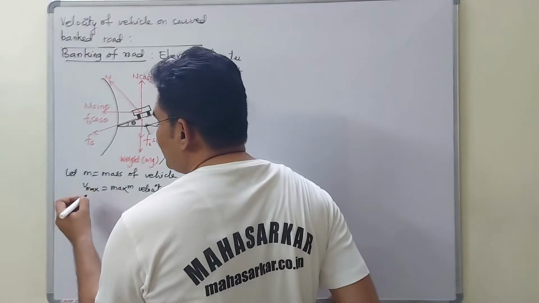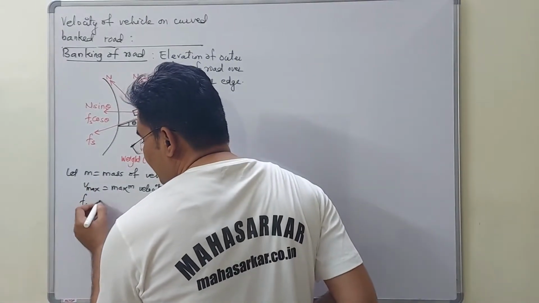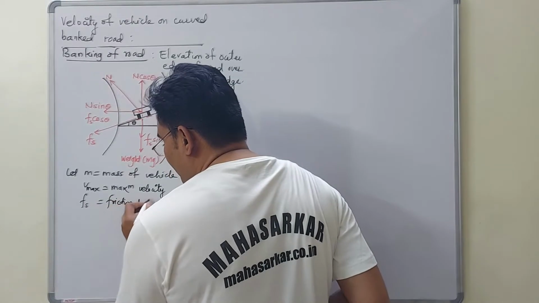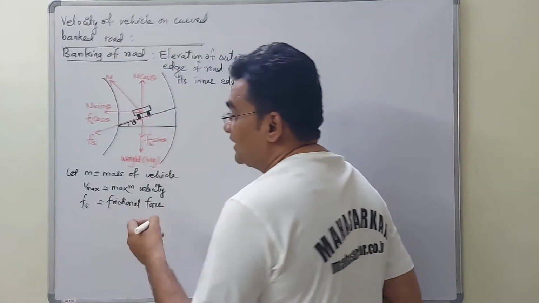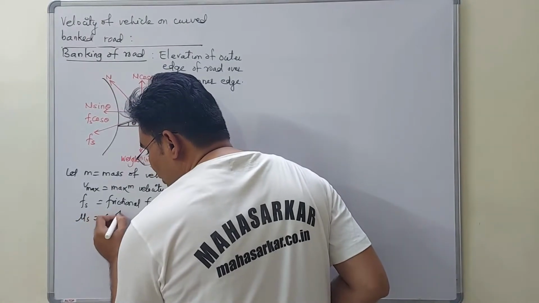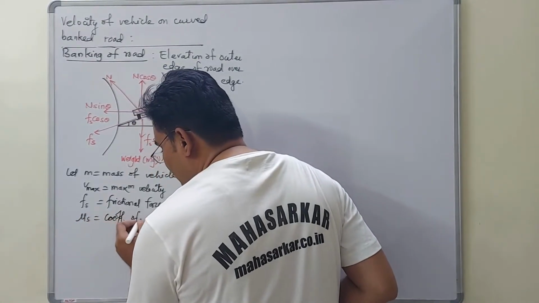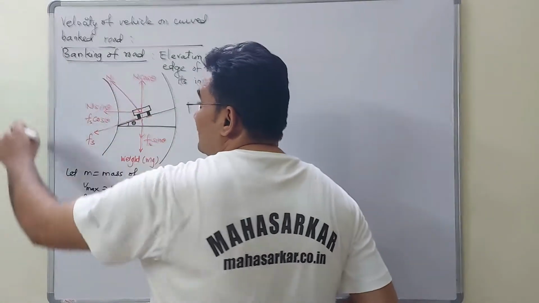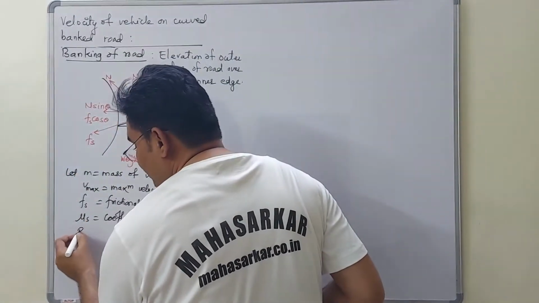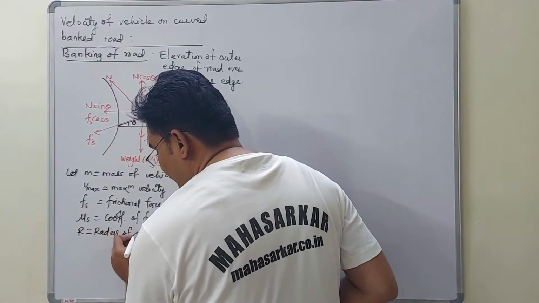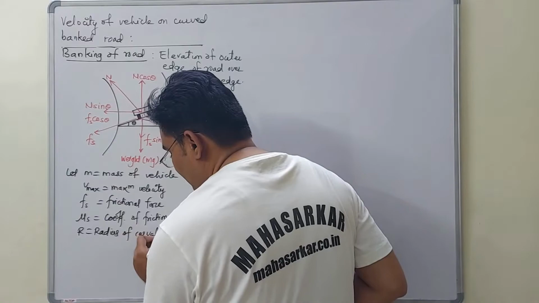Few things that we should mention. Say Fs is the frictional force present there, it is because of static friction. Say mu s is the coefficient of friction which is present there, and finally that curvature of road has radius r, so let r be the radius of curvature.